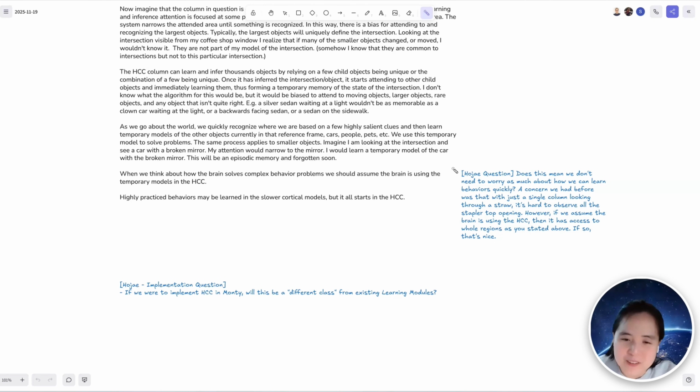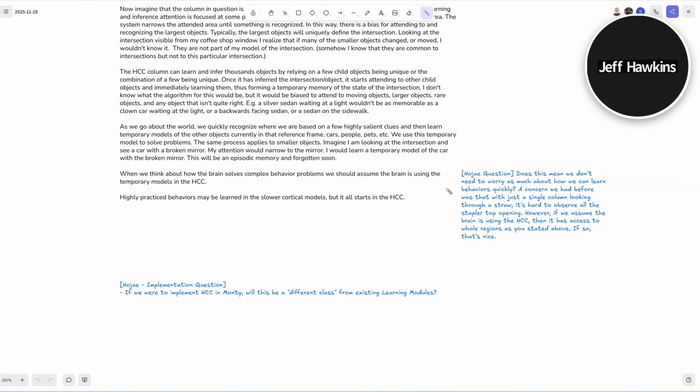Okay. Yeah, I figure it's referring to the second to last sentence: when we think about how the brain solves complex behavior problems, we should assume the brain is using the temporary models in HCC. And if we're starting with HCC, then we have access to basically the whole scene or whole region instead of just straw vision. So I feel that would help. I think so, if I'm reading your suggestion right.